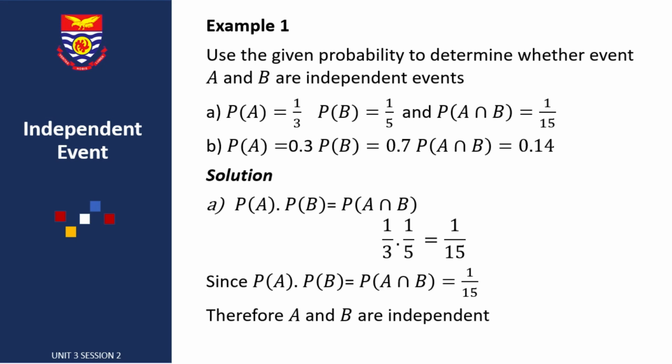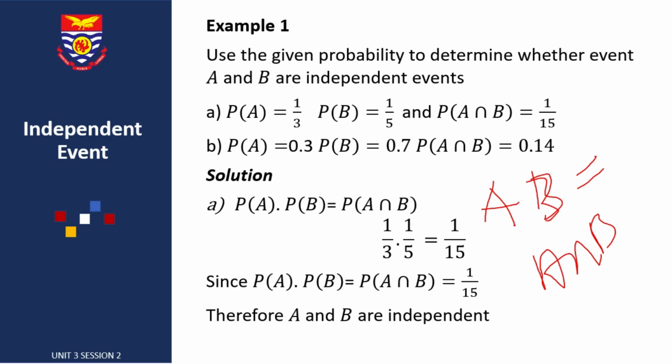Now the solution. To check whether A and B are independent, we said the rule earlier that if two events, let's say A and B, are independent, then the probability of A multiplied by the probability of B is equal to the probability of A intersection B. In part A of our question, the probability of A is 1/3 and the probability of B is 1/5.